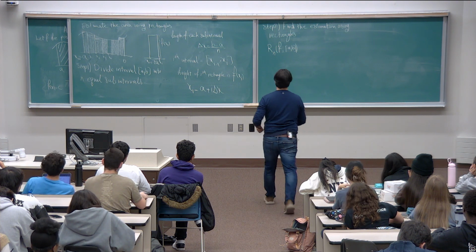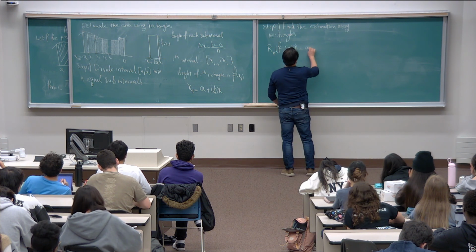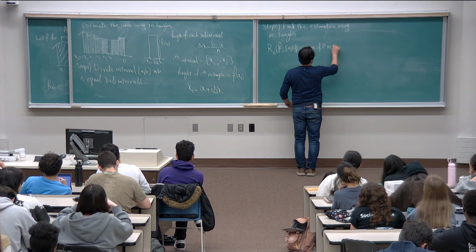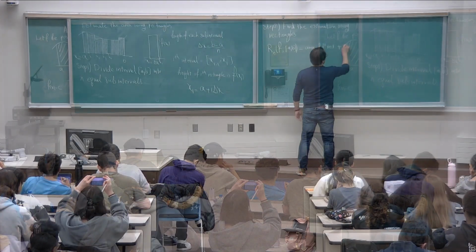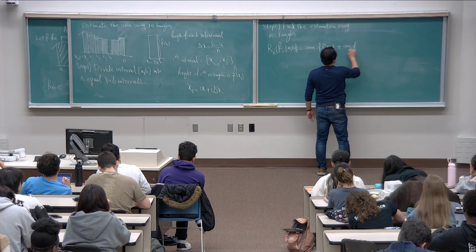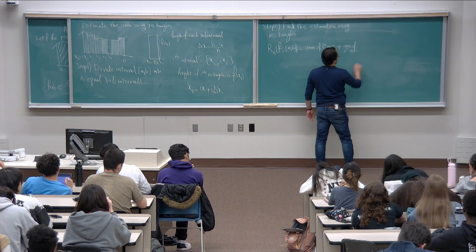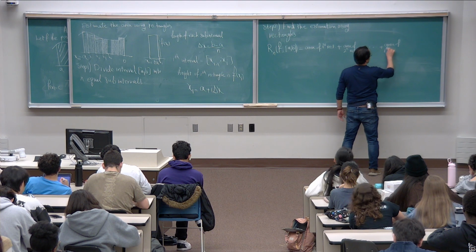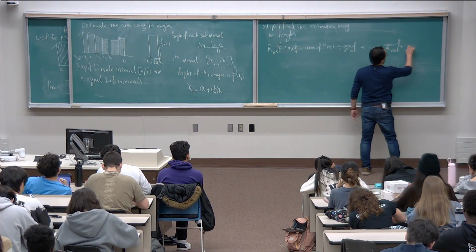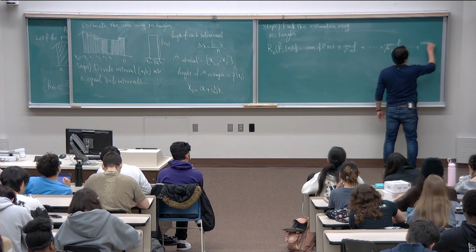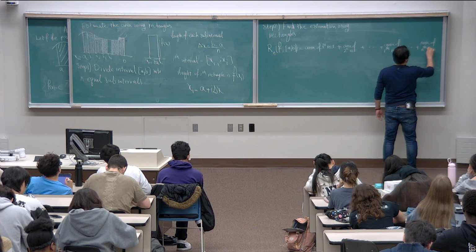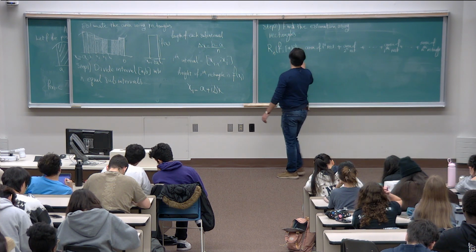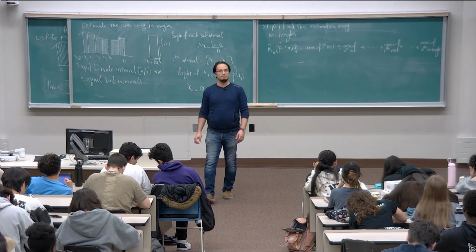Now, obviously, I need to add the area of the first rectangle, plus the area of the second one, plus the area of the ith rectangle, and then I'll go all the way to the area of the nth rectangle. That will be my estimation, okay?